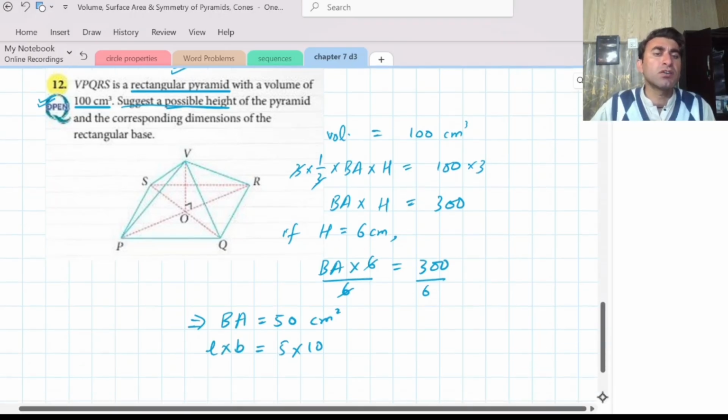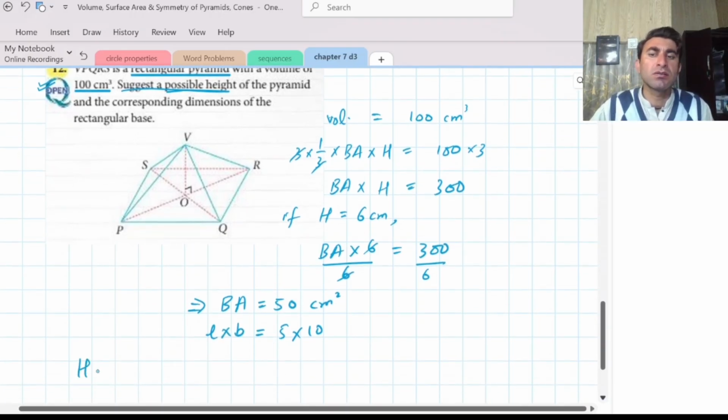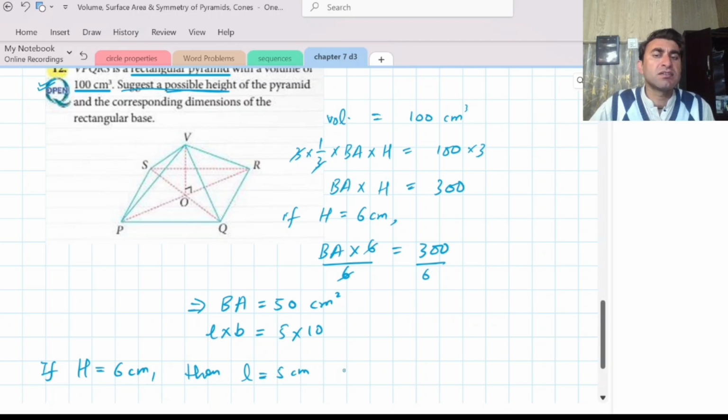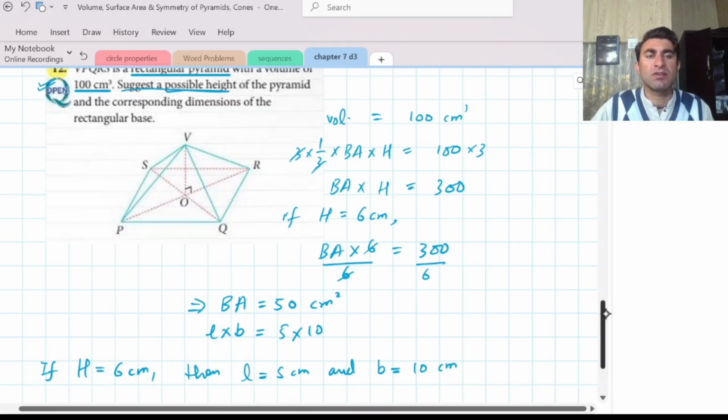So corresponding to the height, like if height is equal to 6 centimeters, then length is equal to 5 centimeters or 10 centimeters, and the breadth is equal to 10 centimeters or 5 centimeters respectively. So this was an open question, question number 12.